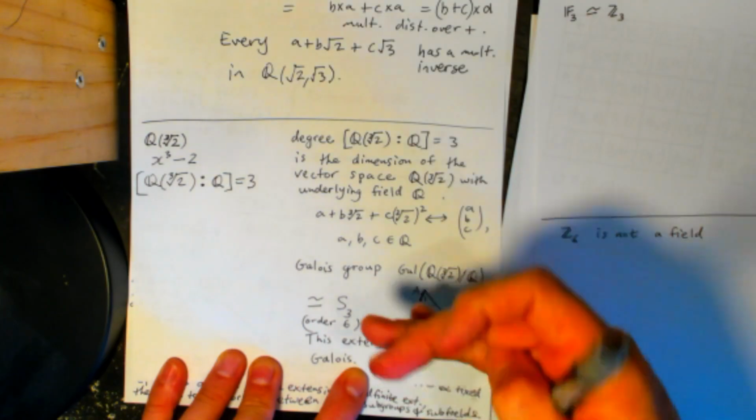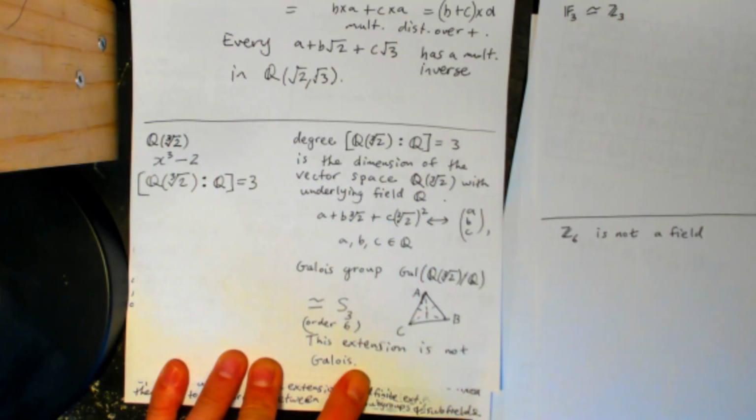We've got reflections about certain axes, rotations, right? So there's 6 such possible symmetries of this triangle here.